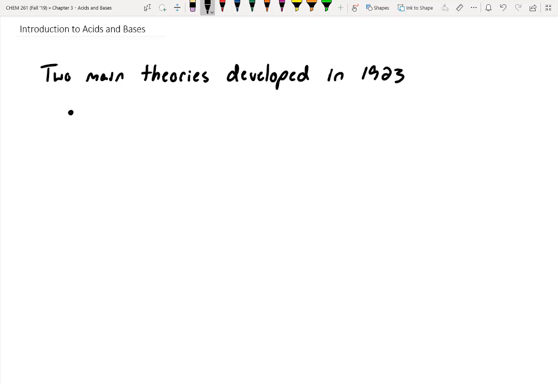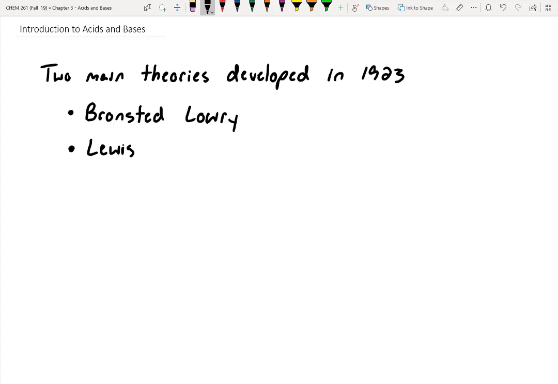Yeah, Bronsted-Lowry was the first one. And then you also mentioned Lewis, that chemist I talked about on the very first day. He was the one that came up with the other theory. They're very, very similar theories, but they describe acid-base chemistry in very different ways.